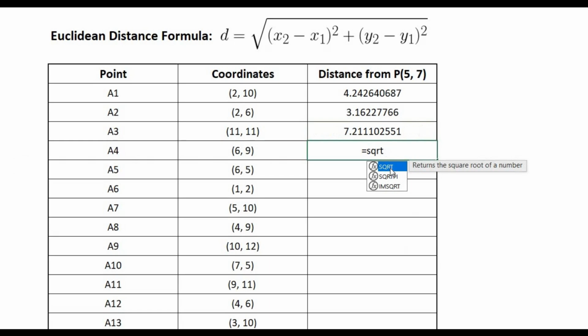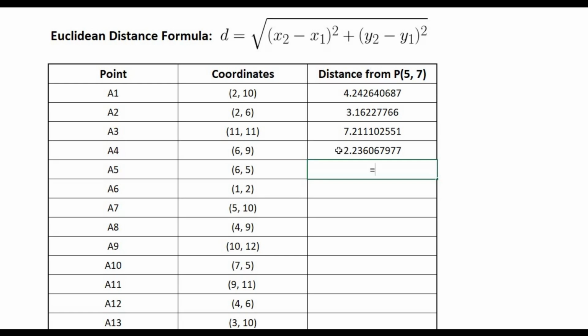Square root, 5 minus 6 whole square plus 7 minus 9 whole square, bracket close, 2.23.